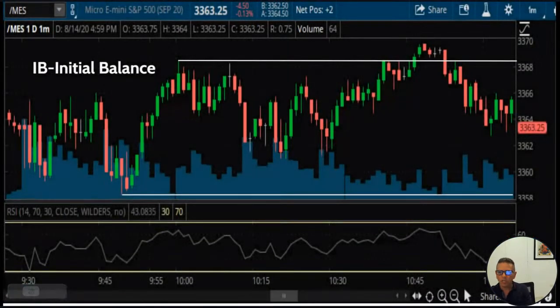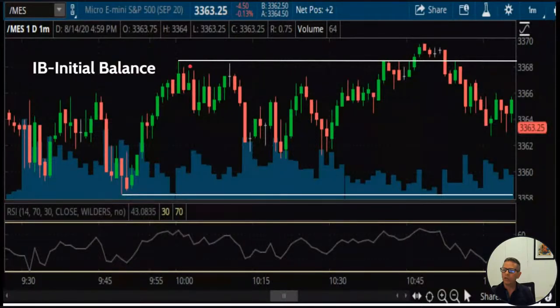All right, so let's talk a little bit about support and resistance that's really outside of the fibs. This is called the initial balance level. The initial balance level is the range that the market takes during the first hour of trading. So you can see here at 9:30 we found a pivot, so it hit the bottom, and just before 10 o'clock we had a top here.